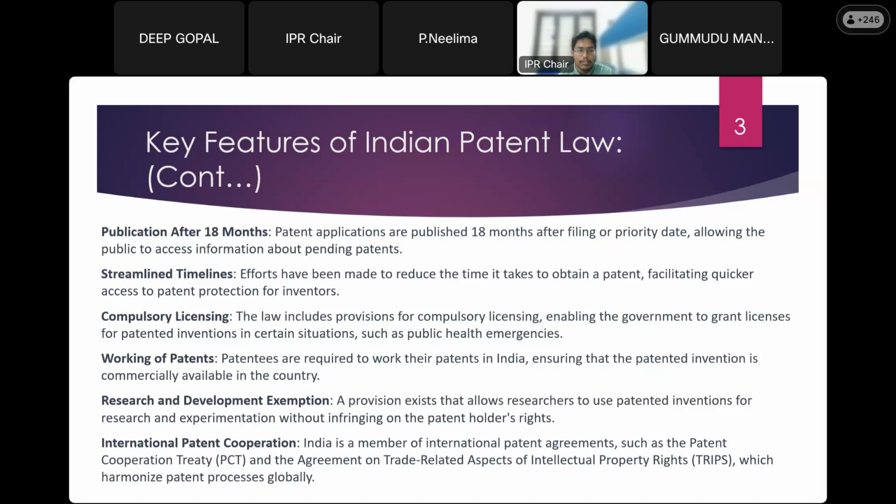So without the consent of the patentee, the government can issue a compulsory license to a manufacturer to produce vaccines for the entire country, especially in a public health emergency.